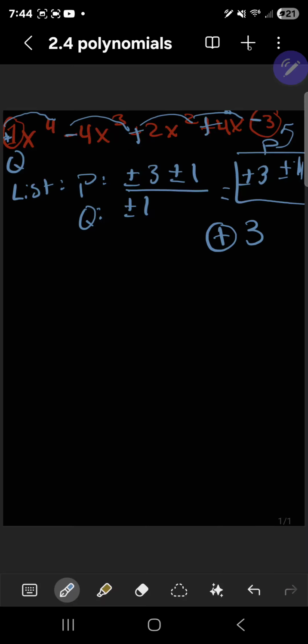And for the negatives, to find the amount of possible negatives, we want to plug in negative x for every x. So I'll just rewrite it out real quick right here.